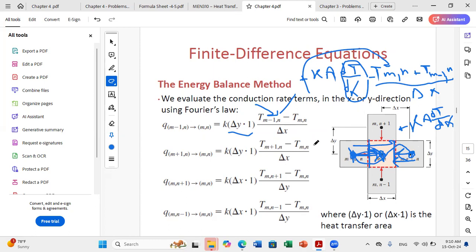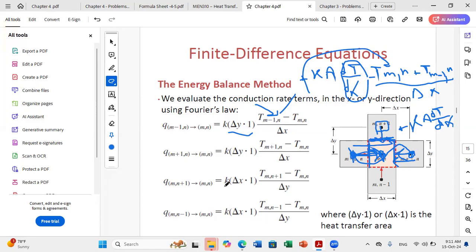I will do the same in the y direction. To compute this flux, I assumed it's positive in this direction. So to be positive in this direction, the temperature at this node is larger than this one. So I do T(m,n+1) minus T(m,n) over delta y. And what about the area here? The area is delta x times the depth, which is 1.